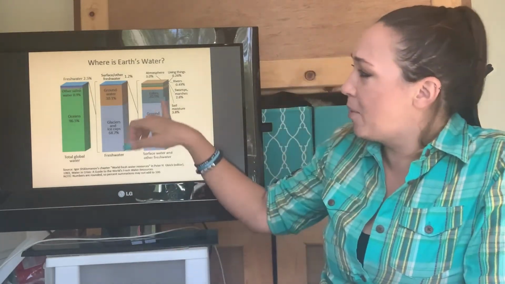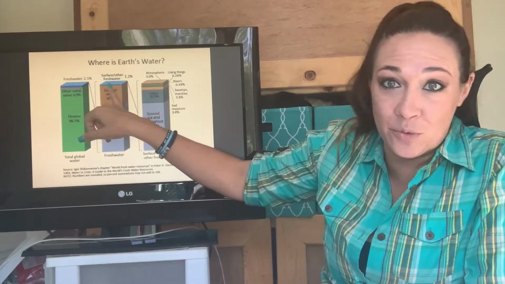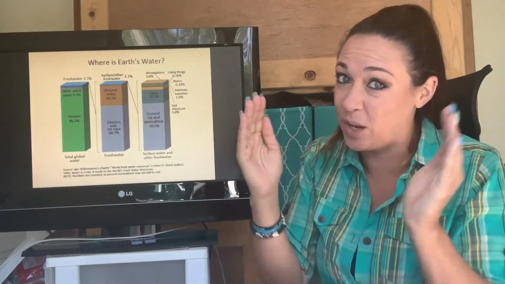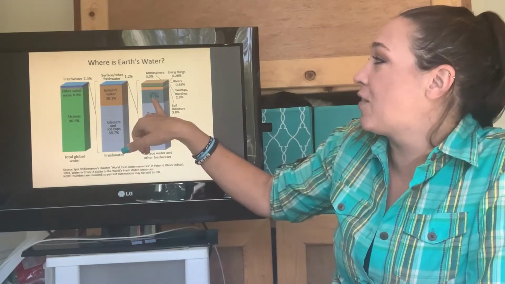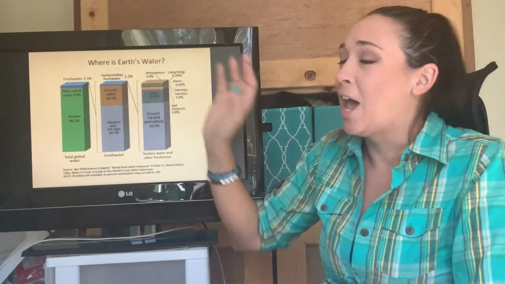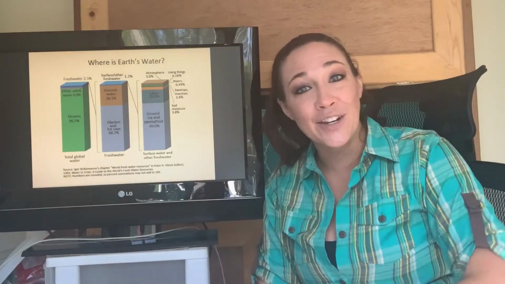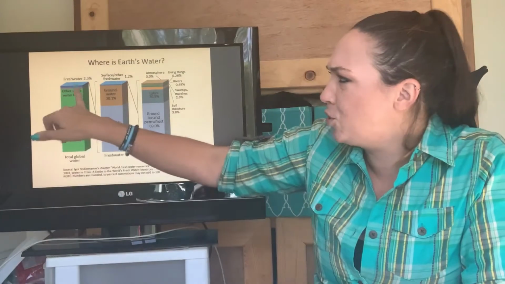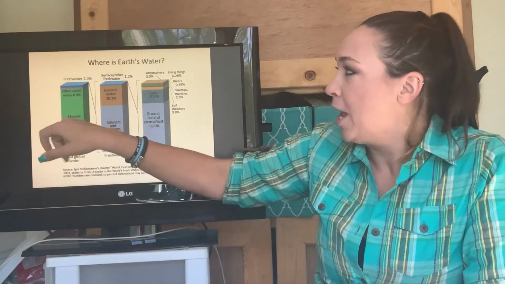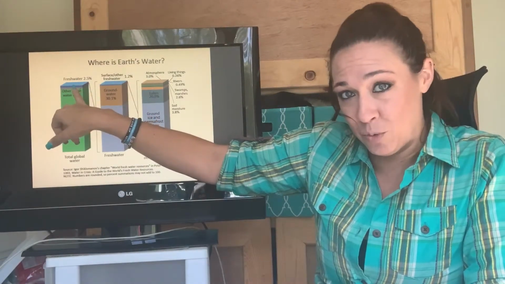And then about 21% of the 1.2% of the 2.5%, so we're talking really small, is going to be in lakes. And then finally you have things like rivers, swamp marshes, just naturally floating in the atmosphere. So this is where all of our fresh water goes. So you're like, okay, well 2.5% seems like a lot, nope. It's actually 1.2% of the 2.5%.